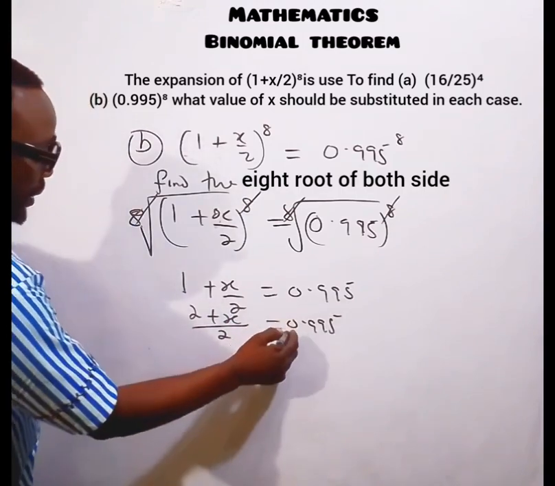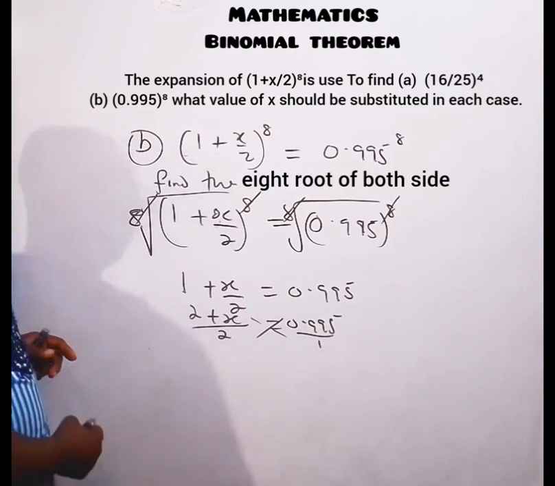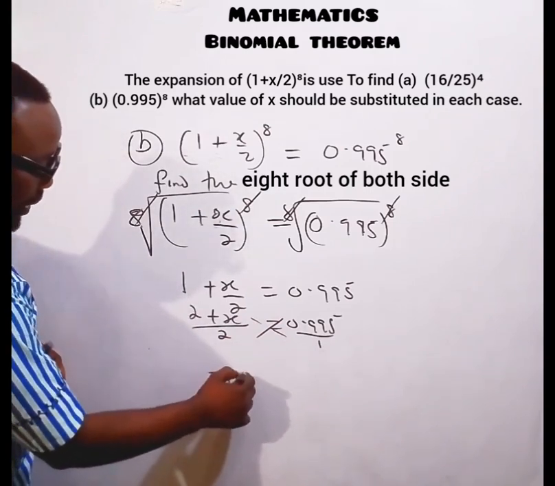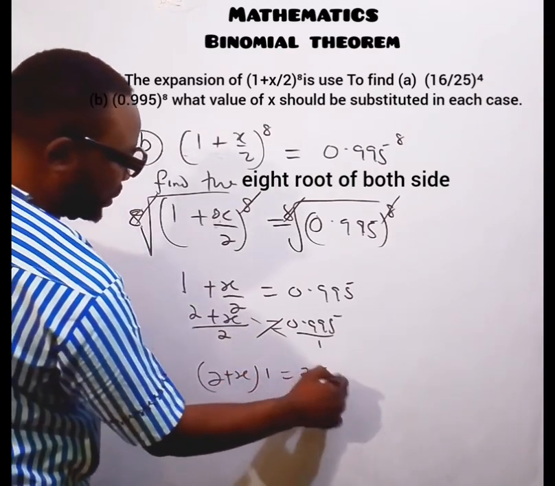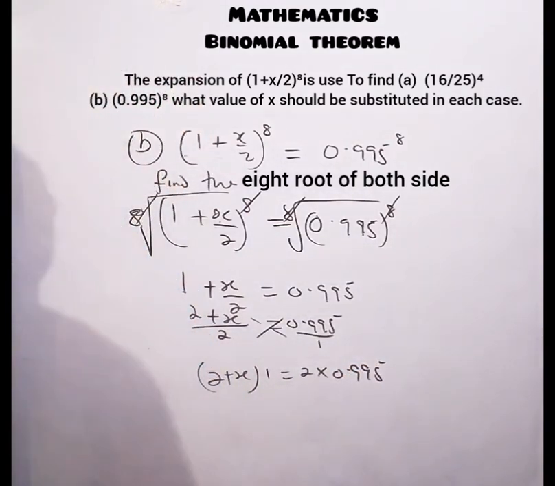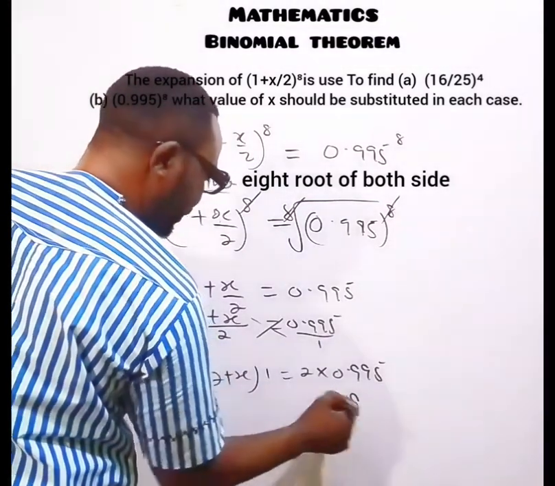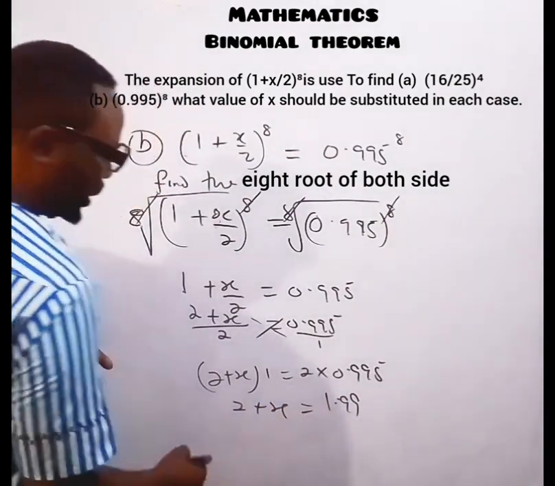So this one is as well over 1, and I can now cross multiply. By cross multiplication, I'm going to have 2 plus x multiplied by 1 is equal to 2 multiplied by 0.995. Now, 2 multiplied by 0.995 will give us 1.99. So 1.99 is equal to 2 plus x.